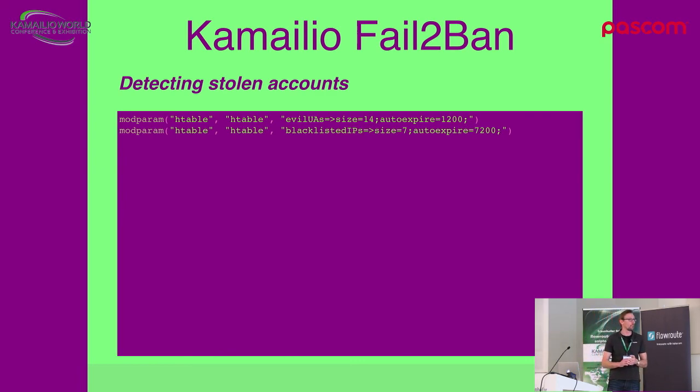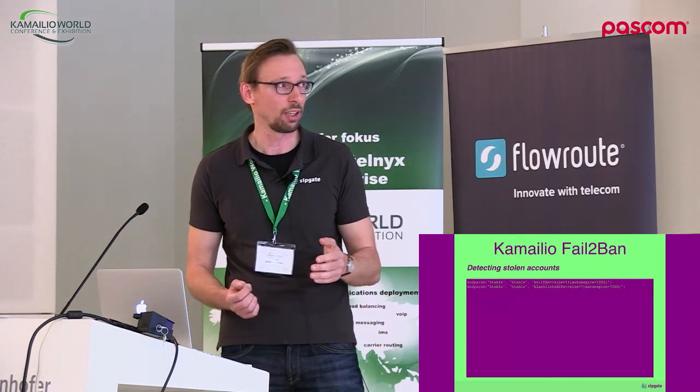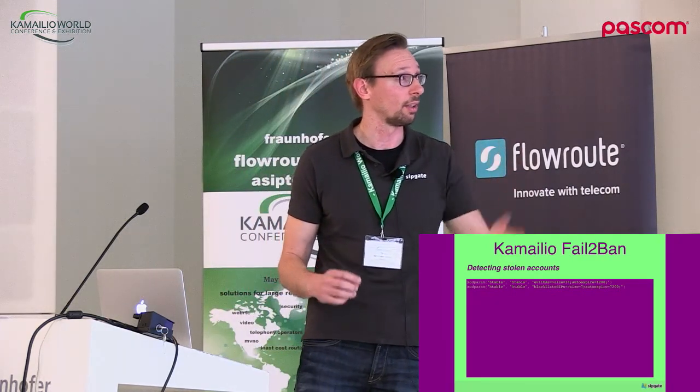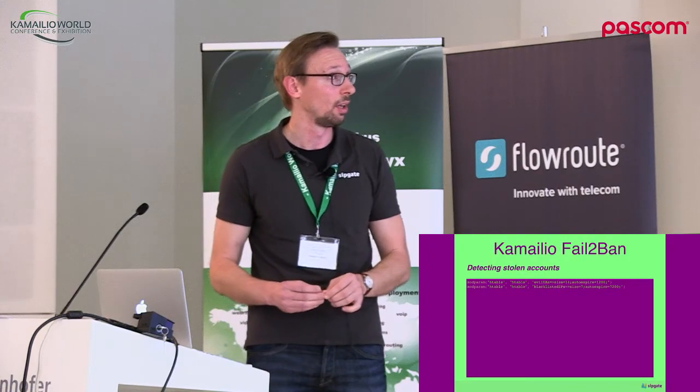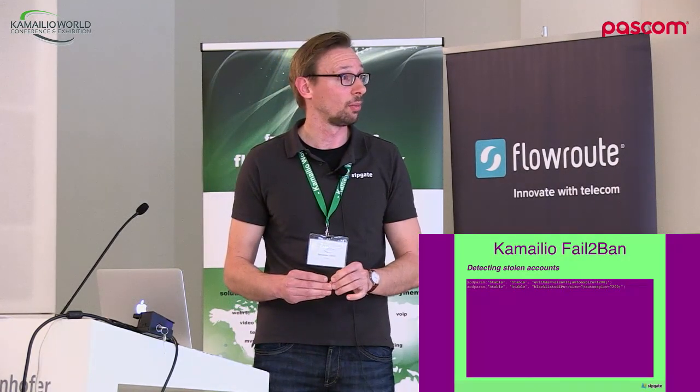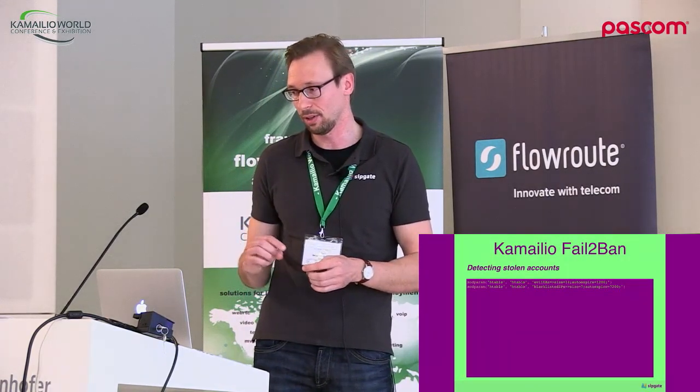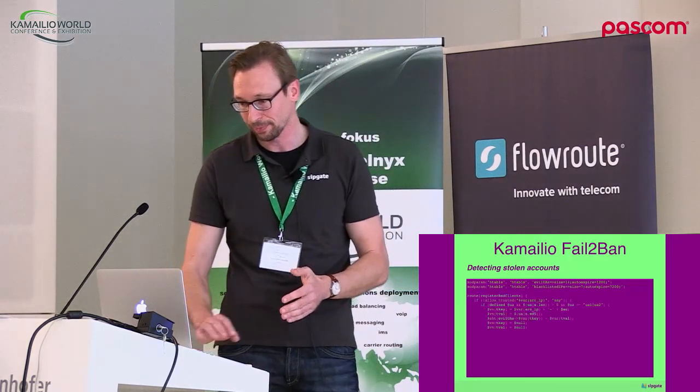Another thing we use to detect those stolen accounts is that fraudsters typically always use the same types of user agents. And they are not really common for regular customers. And so what we do is we have another hash table which will hold registrations from those types of user agents.